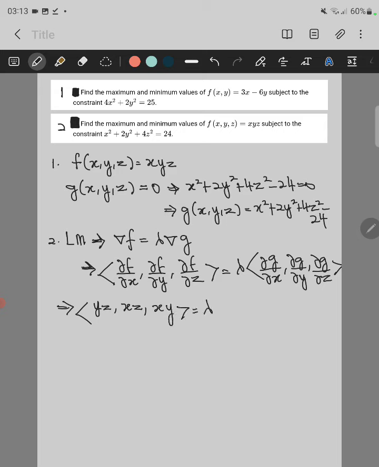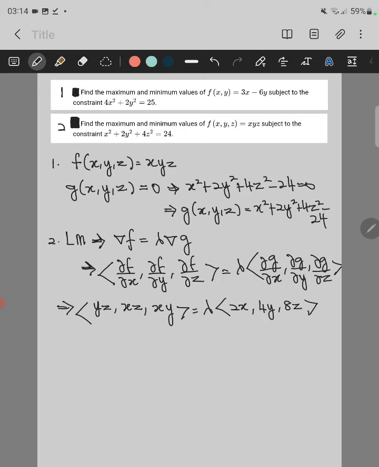And then this one, lambda. What will ∂g/∂x be here? This one will be equal to 2x. And then ∂g/∂y will be equal to 4y, we take from this part. And then ∂g/∂z will be equal to 8z.